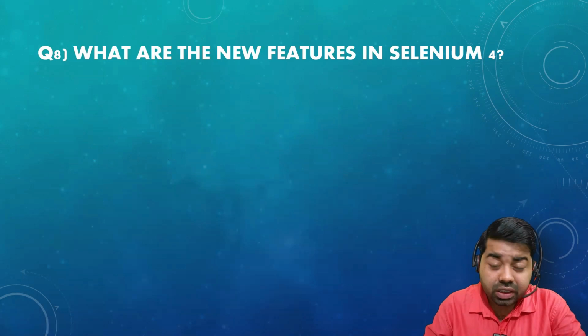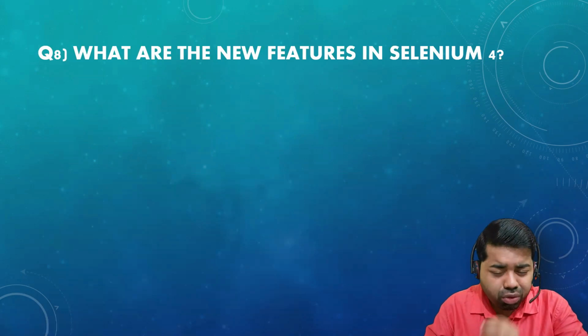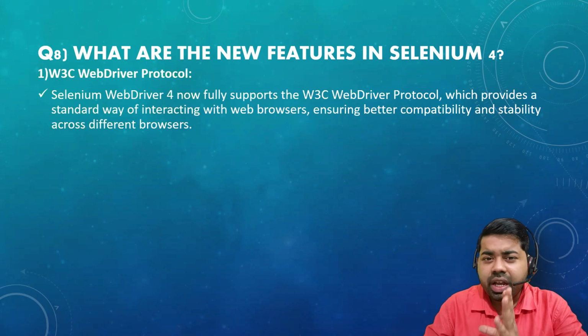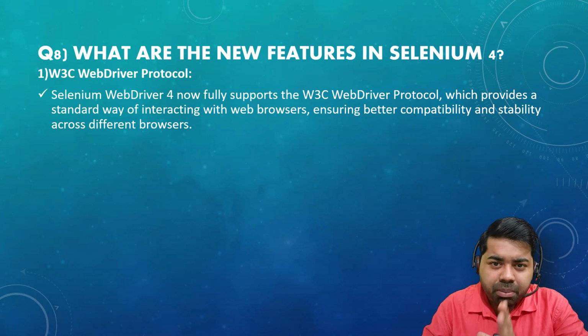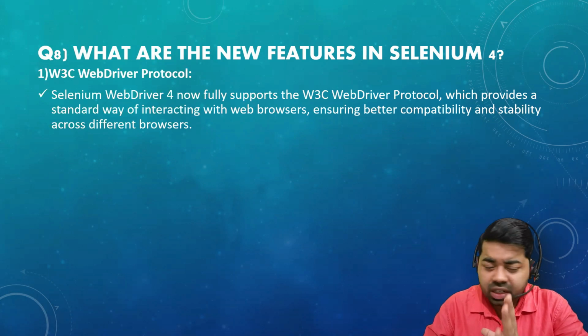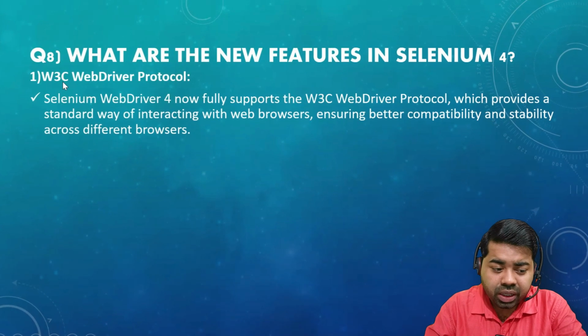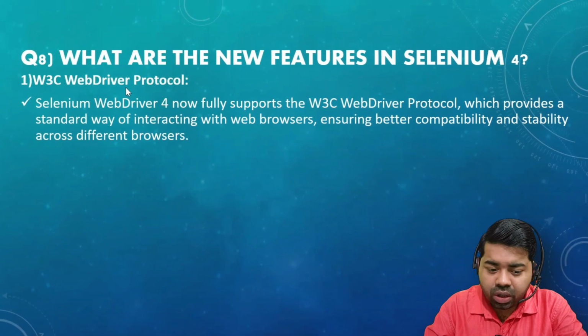What are the new features in Selenium 4? This is one of the most asked and repeated questions nowadays, so prepare well. The Selenium team has made many enhancements in Selenium 4. The first enhancement is the W3C WebDriver protocol.